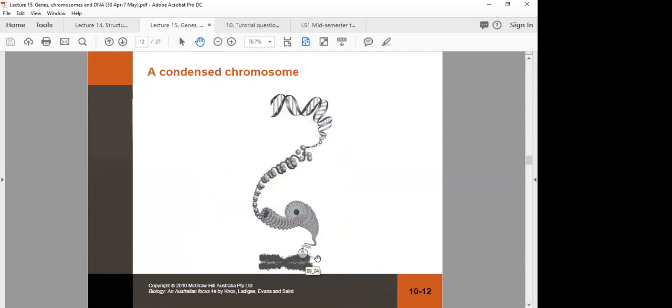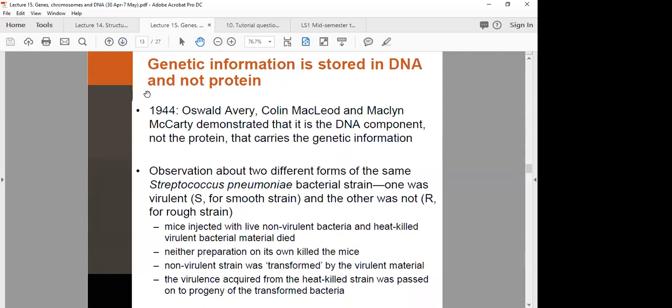What we're seeing here are 2 chromosomes joined together at the centromere. And this is something that occurs during cell division. All right, and that's about as far as we need to go tonight.